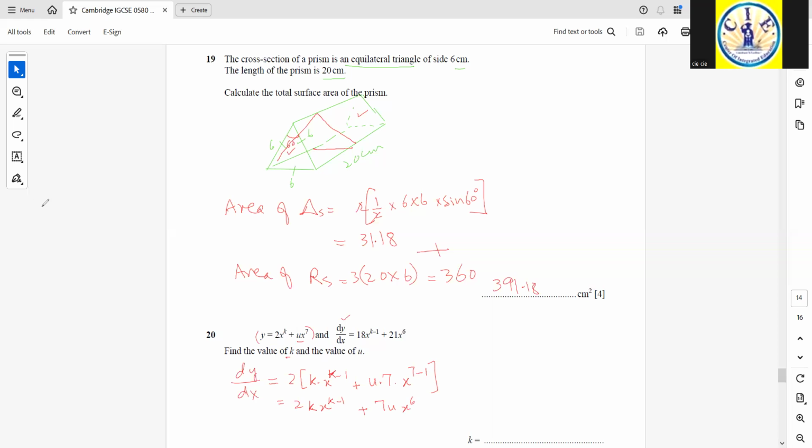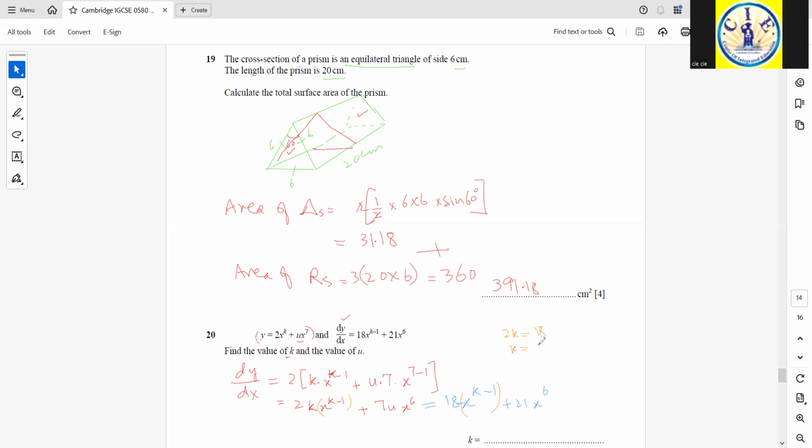If this value is equal to 18x raised to the power k minus 1 plus 21x raised to the power 6, that means if we compare them, the coefficient of x raised to the power k minus 1 is 2k. So 2k is equal to 18.